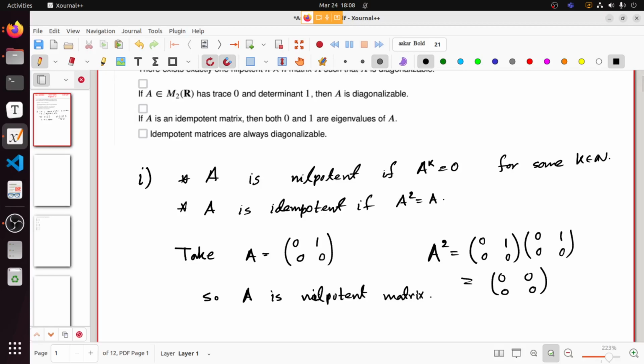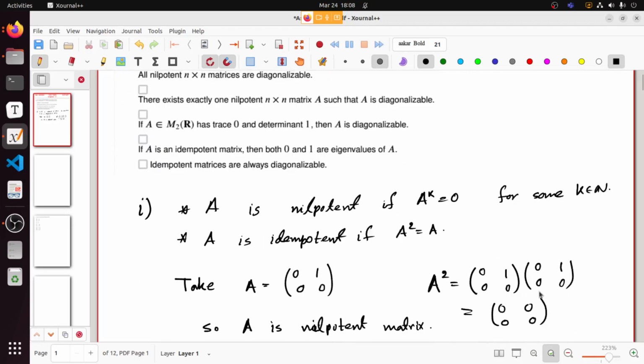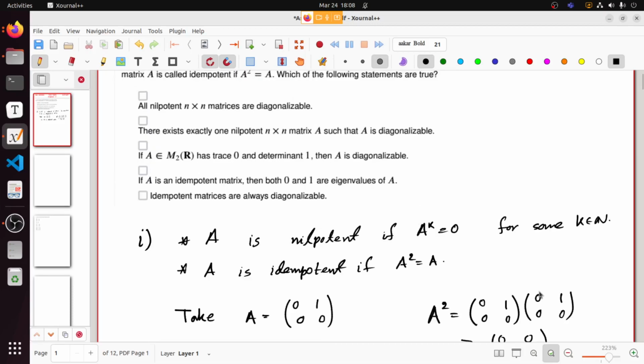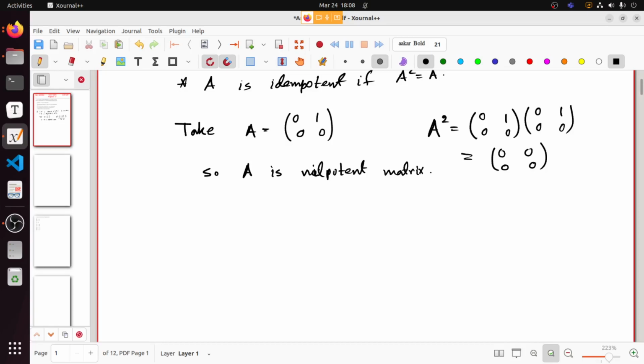Right. Now is A diagonalizable? We have to check whether A is diagonalizable or not. So let's find the characteristic polynomial of A. What is the claim?